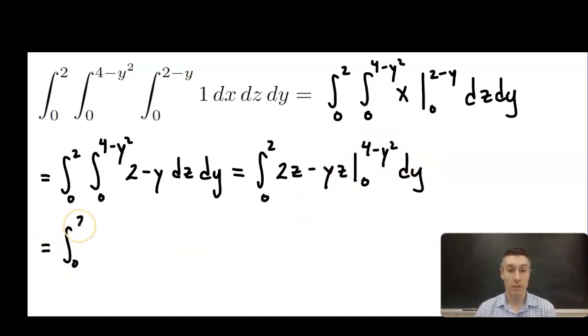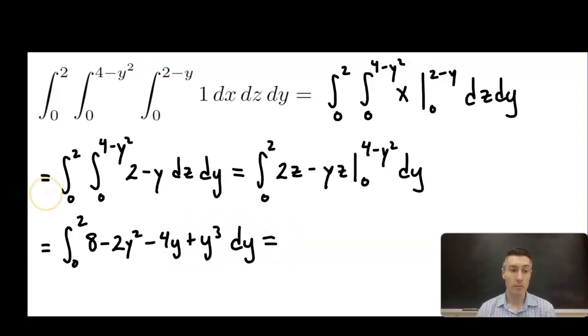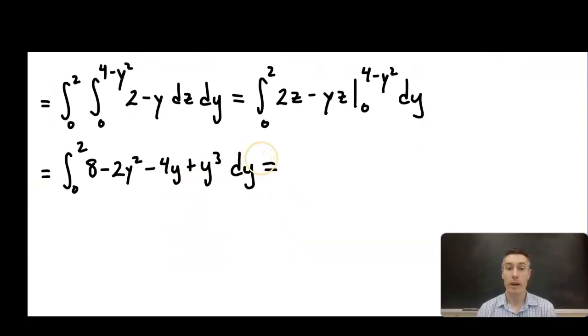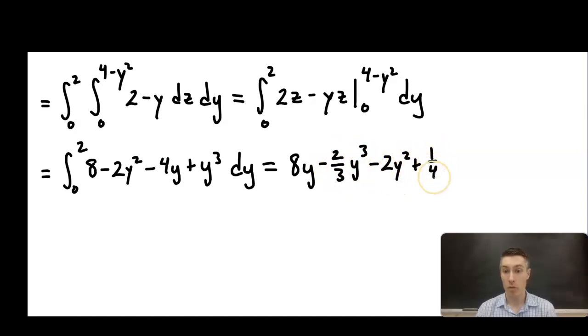So integral from 0 to 2 of 8 minus 2y squared minus 4y plus y cubed dy. So integrating with respect to y, we get 8y minus 2/3 y cubed minus 2y squared plus 1/4 y to the 4th, evaluated from 0 to 2.